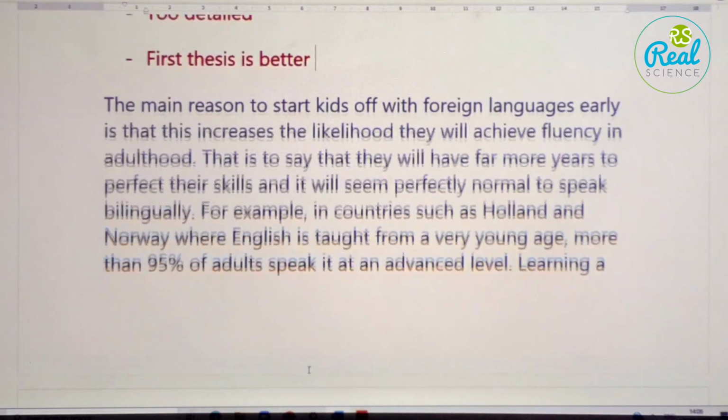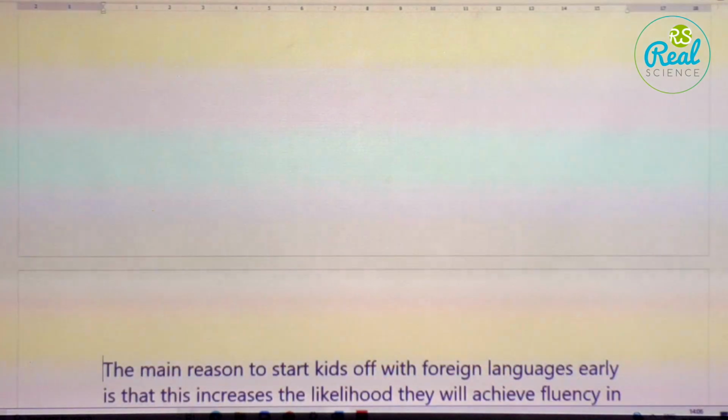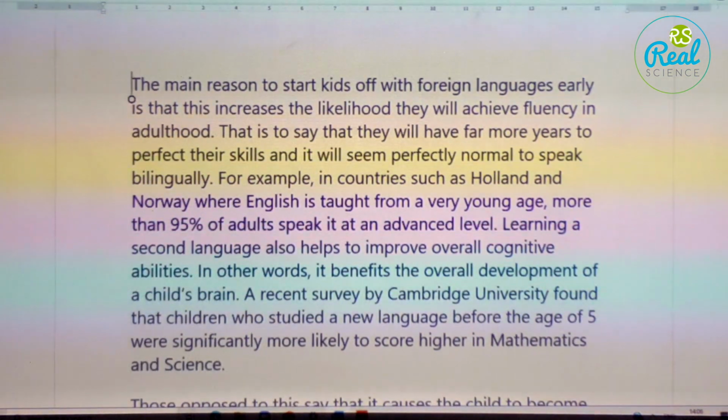Okay, now B1. B1 is also quite thick. Early is not academic. The linking first words are missing.